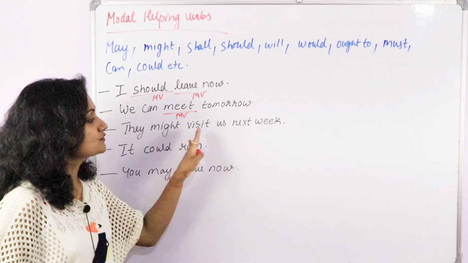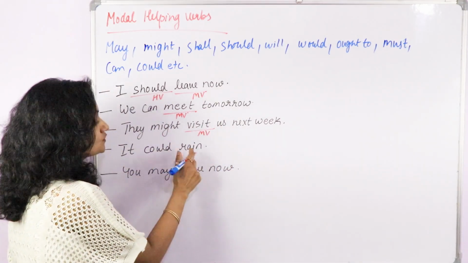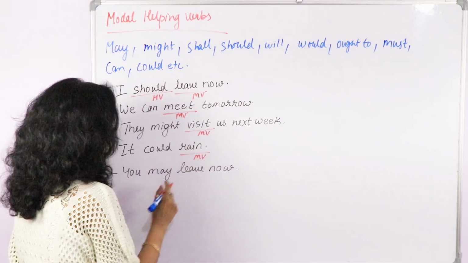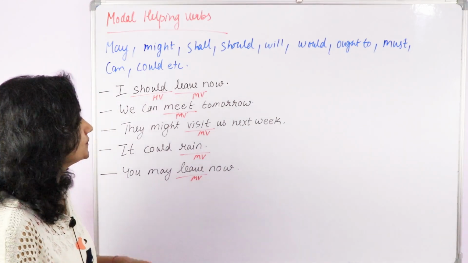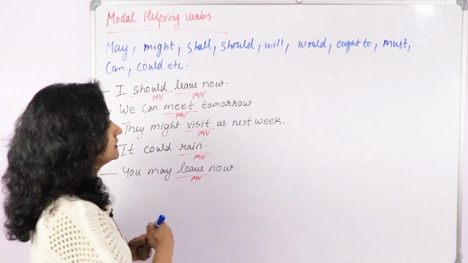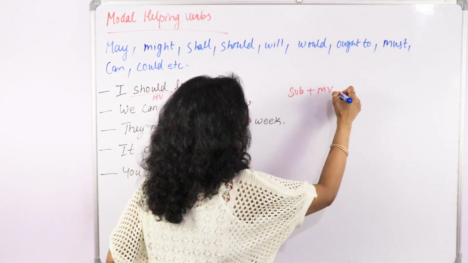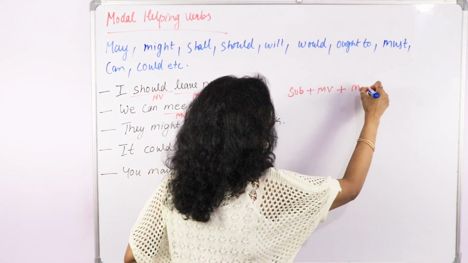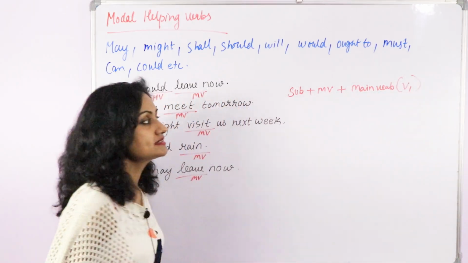They might visit us next week. It could rain. You may leave now. So the structure is subject plus modal verb plus main verb first form. This is the structure.